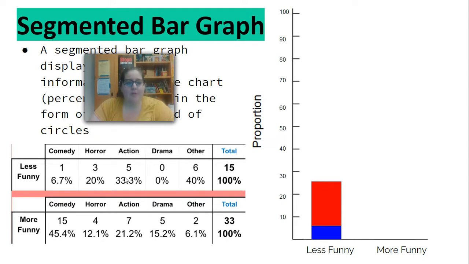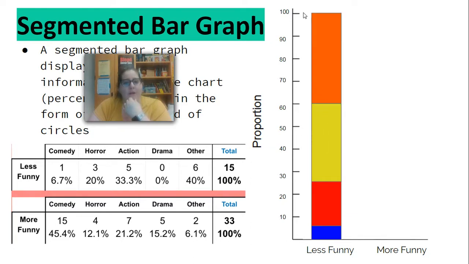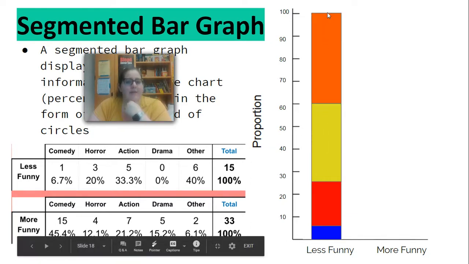If I add all those percentages together as I go, this one should end at about 60%, and that yellow section is representing that 33.3%. There was nothing for drama, so I'm not going to put anything for that. And then my remaining 40% should bring my bar up to 100%, to represent that this is 100% of the less funny people. And I can do that same thing for the more funny people.